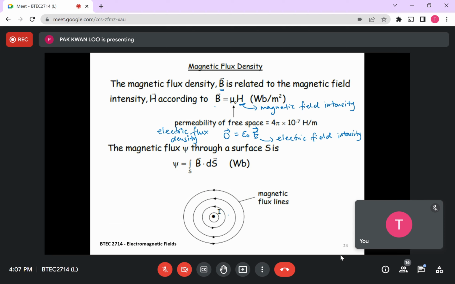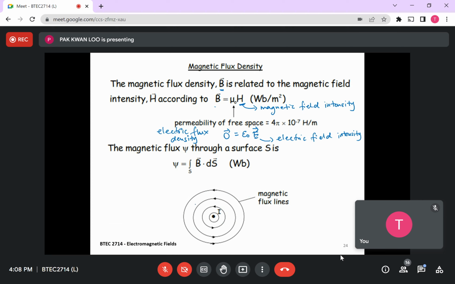By now we should know how the magnetic field is evaluated using Ampere's law or Biot-Savart law. By Ampere's law, we know this is the direction of the magnetic field, and this is basically the flux line.